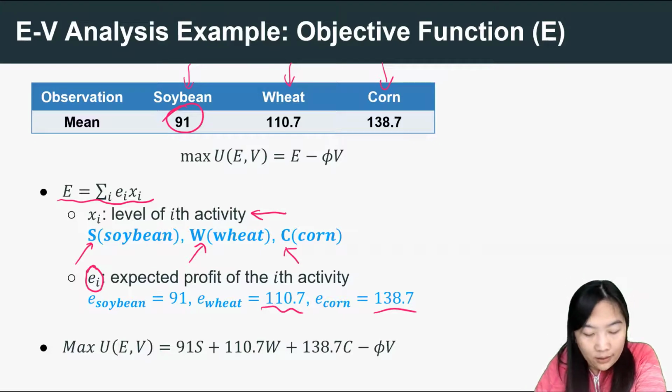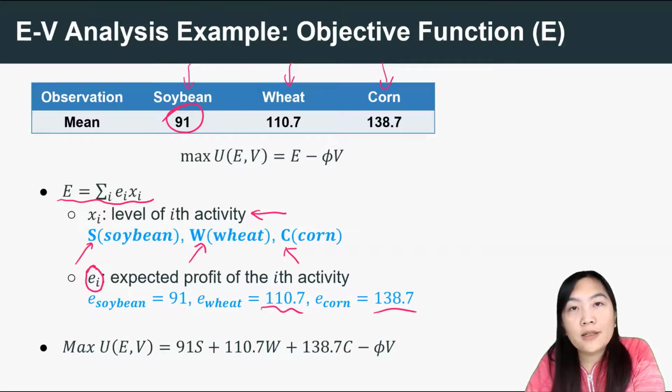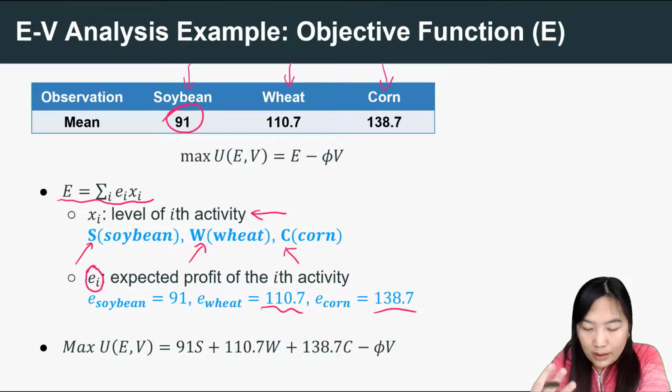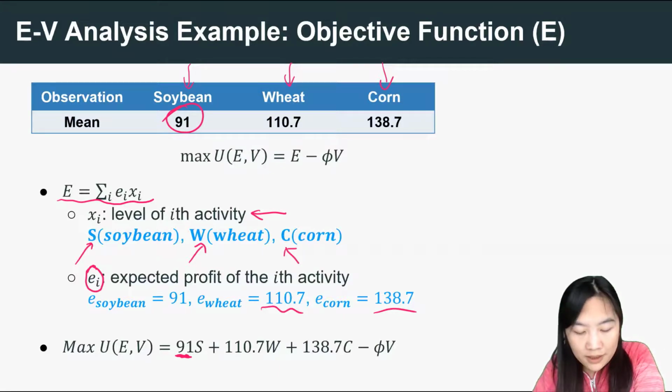So now, with the information we have, we can write the objective function a little bit more explicitly. And here, this 91 is the Ei for soybean, and that is the unit price for soybean. So that, sorry, not the unit profit.